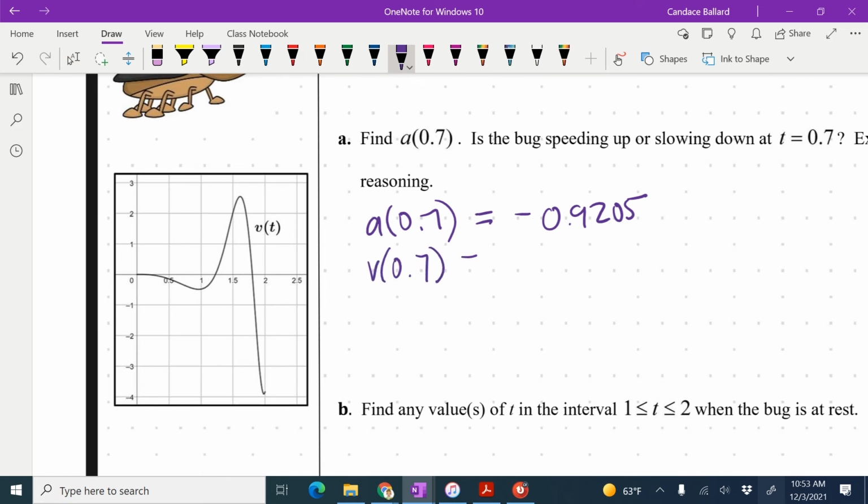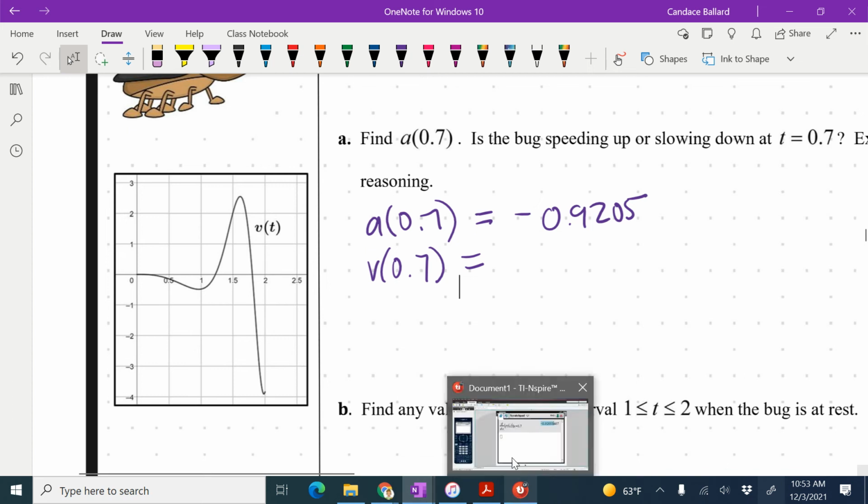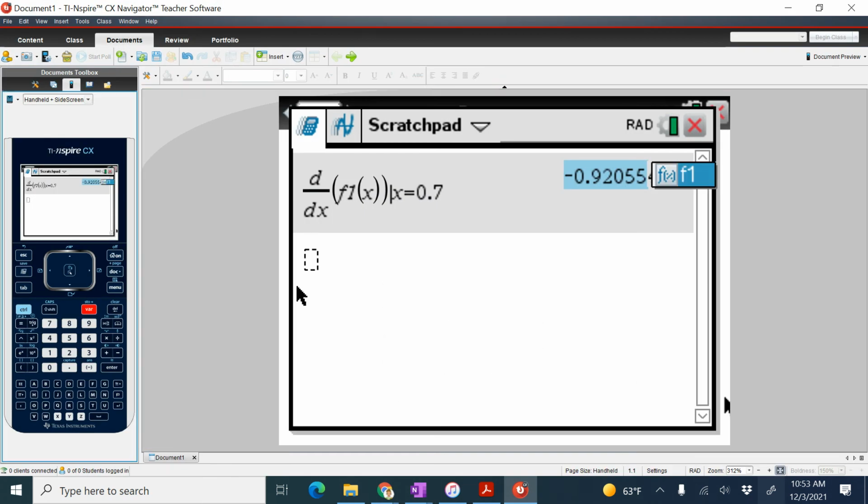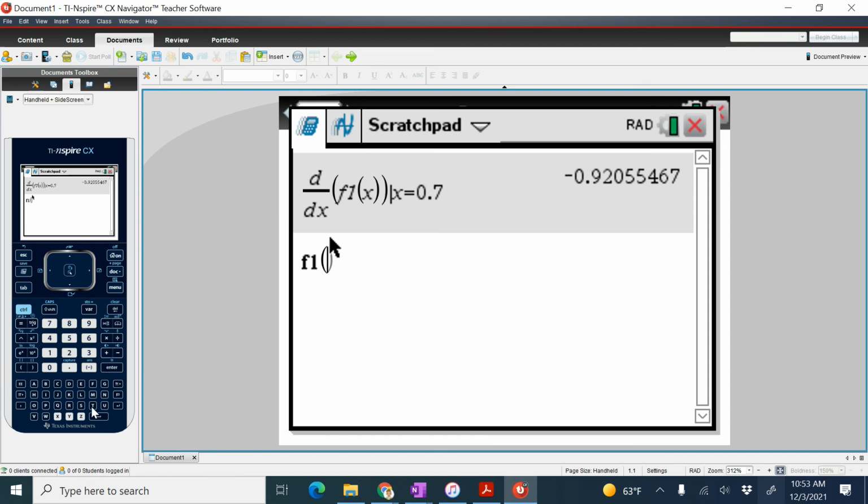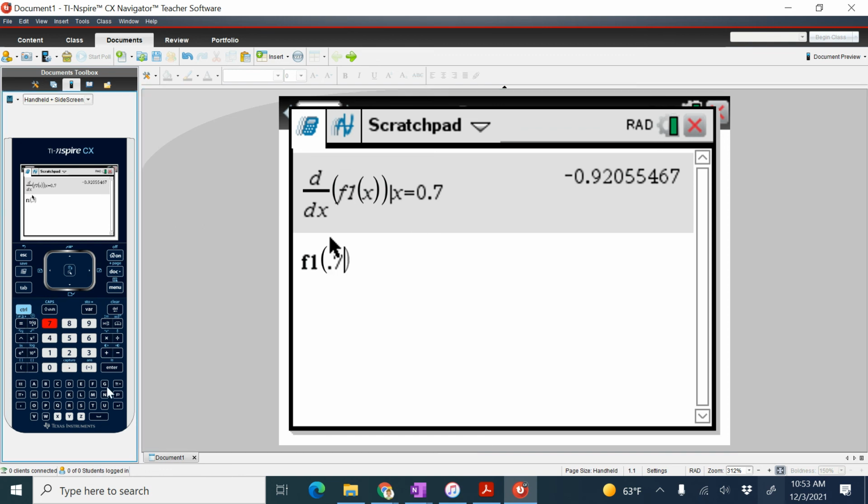And I know we've got the graph, okay? I know we could probably look at 0.7 and estimate that it's down here and that it's negative. But it's safe to go into the calculator and just calculate it. And since that's the function that's in, we just want to calculate the value at F1. So I'm just going to go var F1 of 0.7 and hit enter.